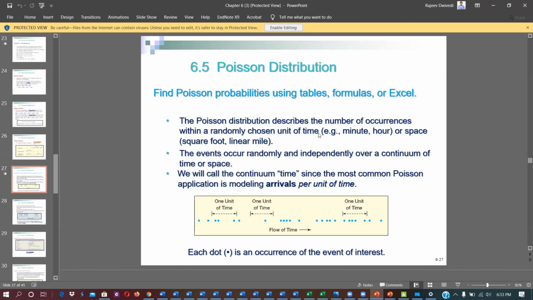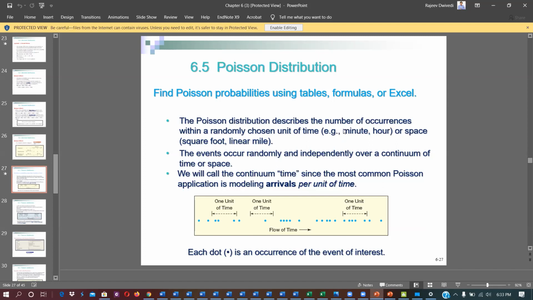Let's say at any airport, the number of flights arriving in a particular time period, let's say per minute, the number of flights arriving at New York JFK airport in 1 hour, the number of flights departing from Seattle airport. In any bank branch, the number of customers coming during a particular time, or in any store, the number of customers coming.